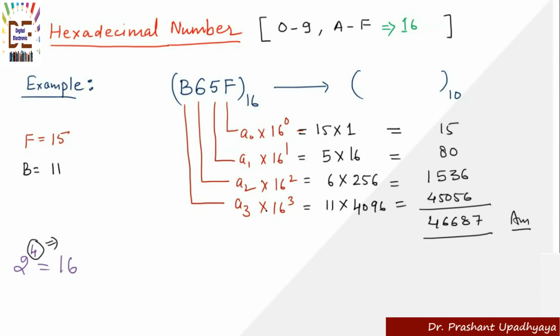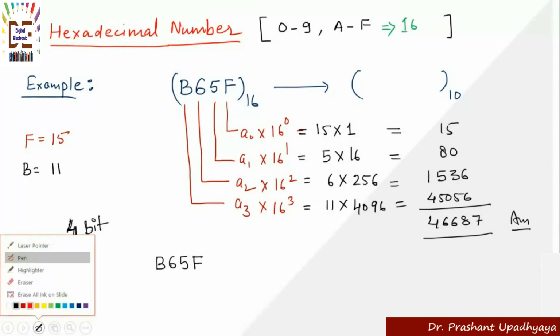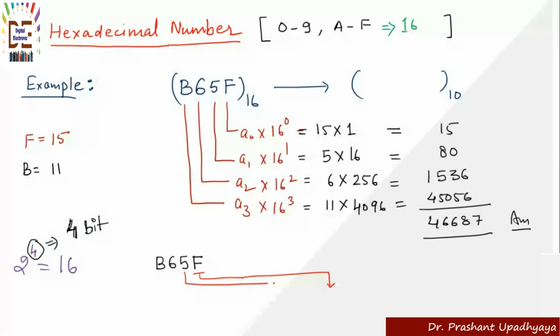Okay, so let's say we will be using 4 bits to represent your number. If I take B65F again, how can I represent F? I can represent 5 like this, I can represent 6 like this, and I can represent B like this. What is the value of B? 11.